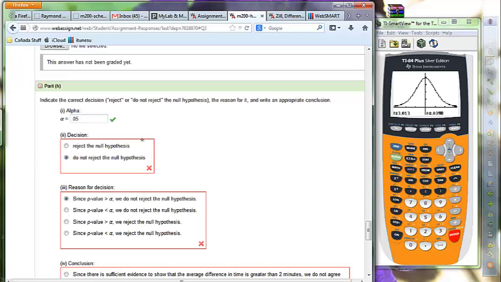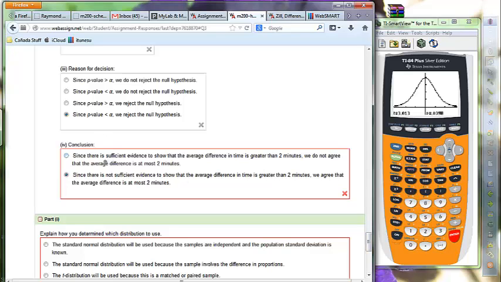Alpha is 0.05. Now our p-value is 0.0098. That's way less than alpha, so we're going to call that a reject the null hypothesis when your p-value is less than alpha. So since p-value is less than alpha, what are our options? We do reject the null hypothesis.